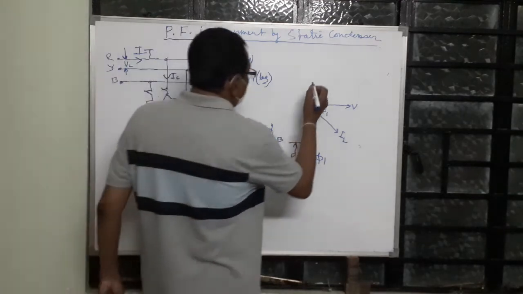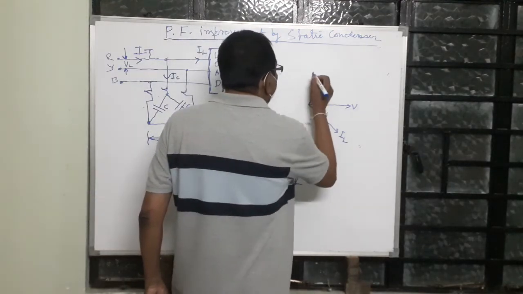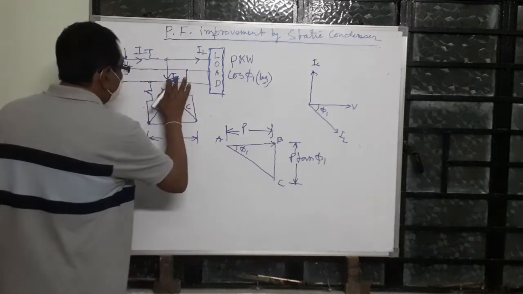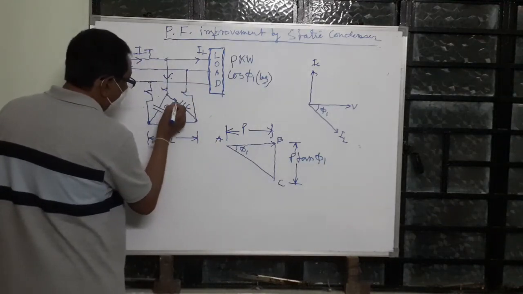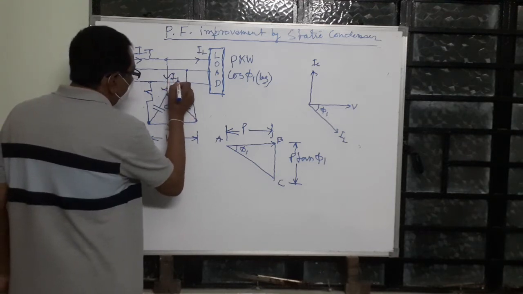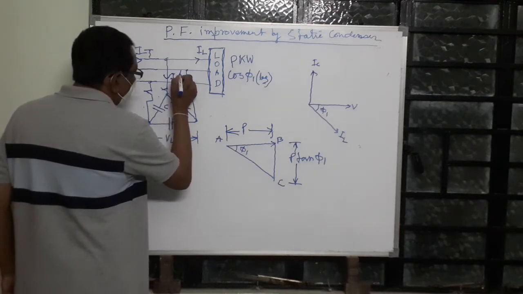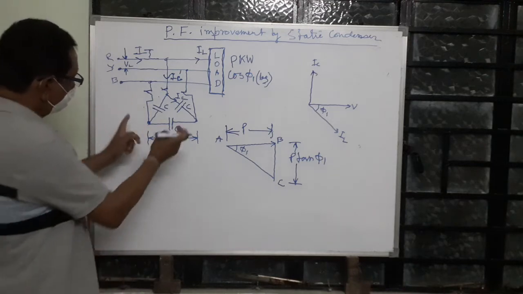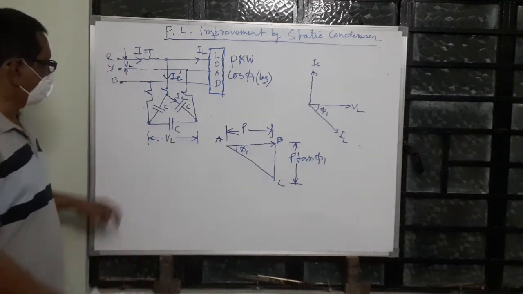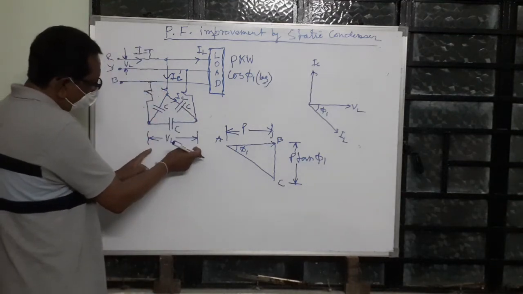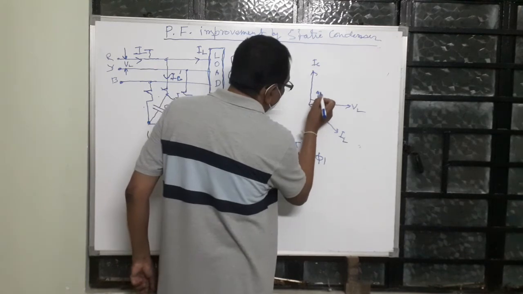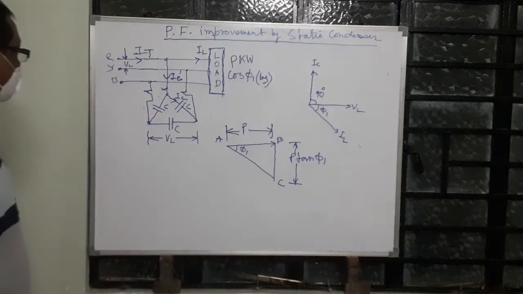Here is the voltage VL. With respect to voltage, the load current is lagging, and IC with respect to voltage is leading by 90 degrees. So this angle is 90 degrees.